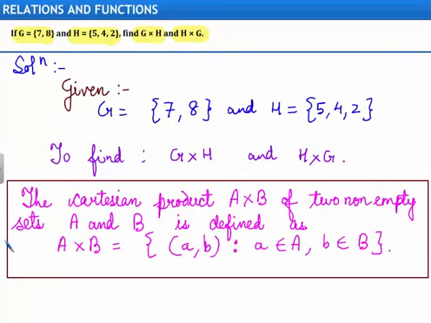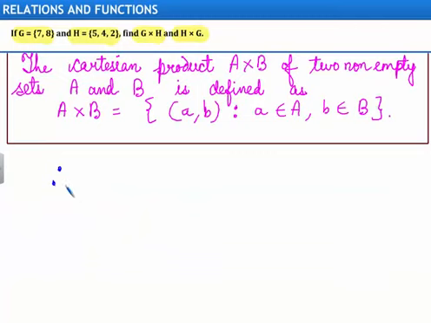We know that the Cartesian product A cross B of two non-empty sets A and B is defined as A cross B = {(a, b) such that a belongs to the set A and b belongs to the set B}.